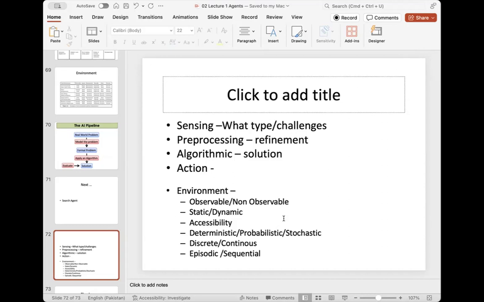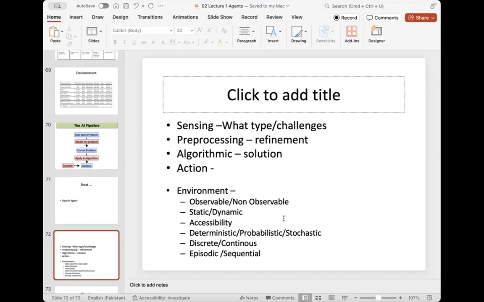Okay, so that depends again on the task that you are trying to perform. So it could become sequential, it could become episodic also. If you are asked to move from floor 1 to floor 2 and then to floor 3, and that is the sequence, then that becomes sequential.